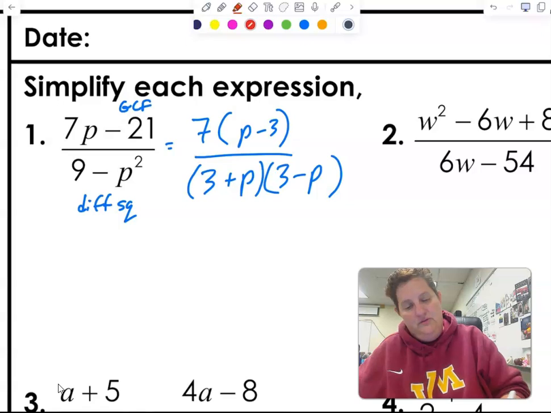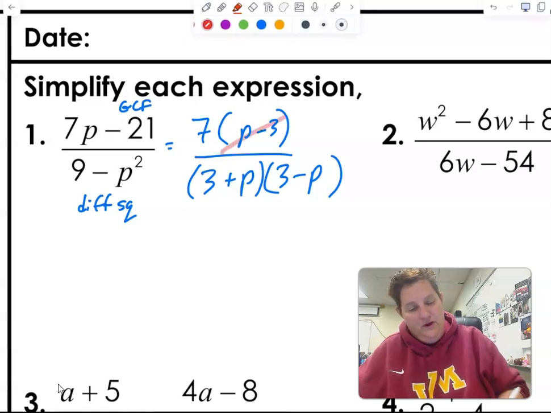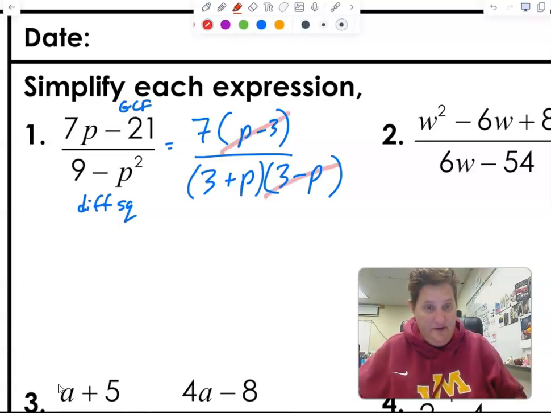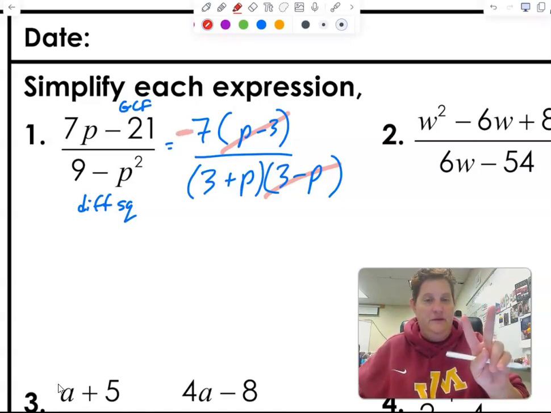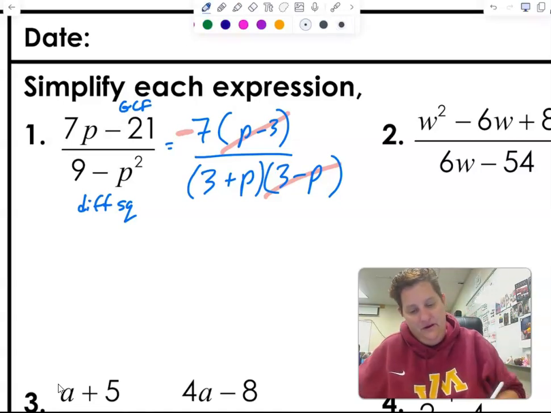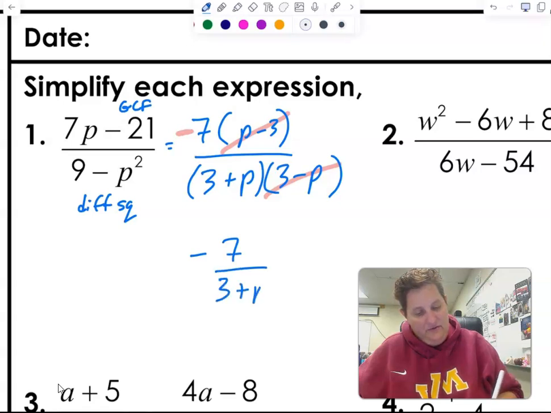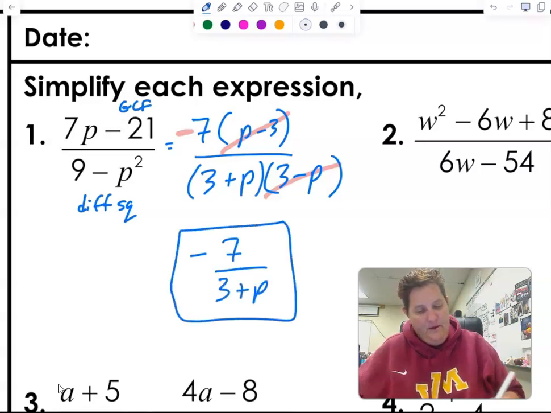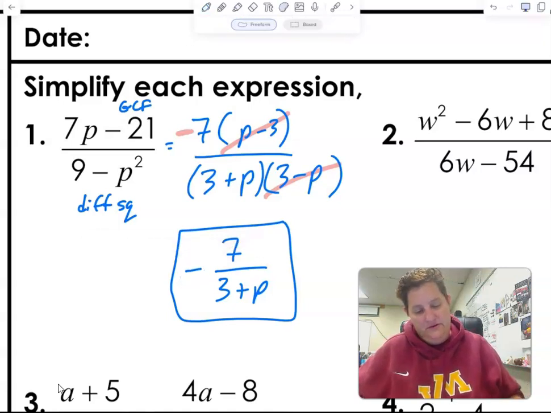Now, if you guys remember, you are allowed to cross those off, but you need to put a negative somewhere because it's p minus 3 and 3 minus p, and those don't flip around unless you put a negative there. So my answer would be negative 7 over 3 plus p. You could put the negative in front of the 7, or you can put it right on the side. Either way is fine. Okay?